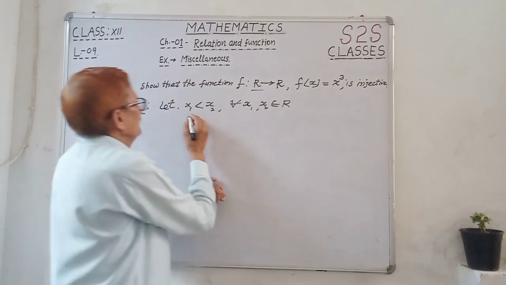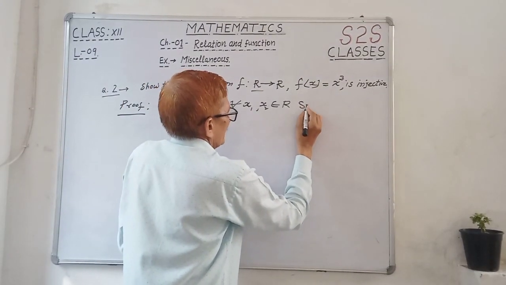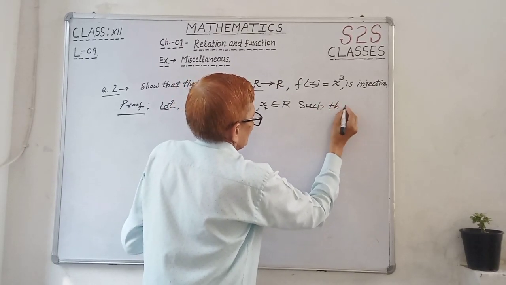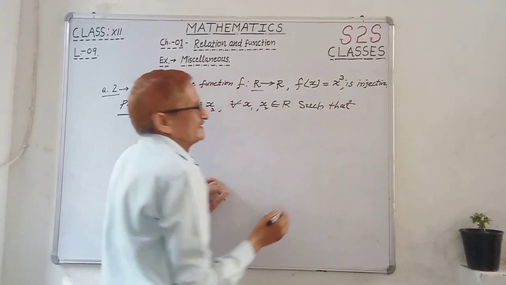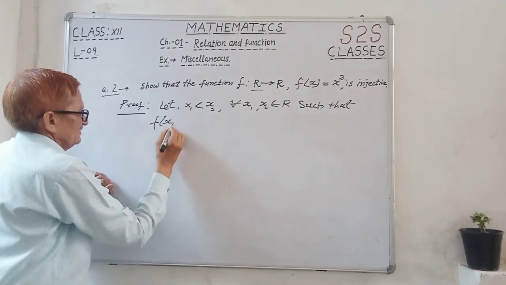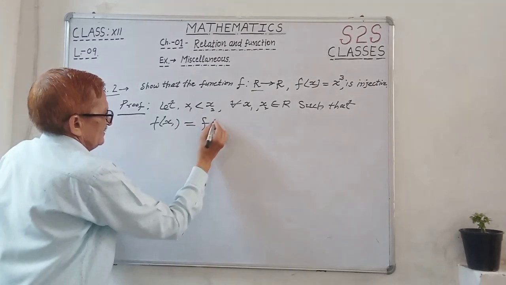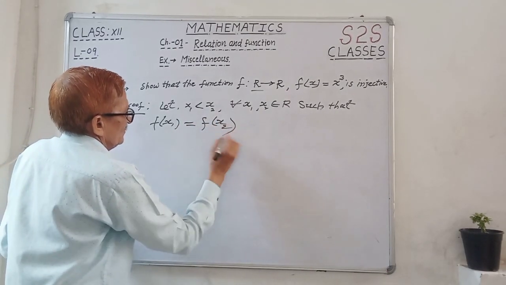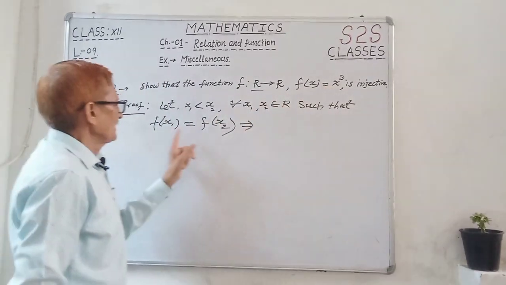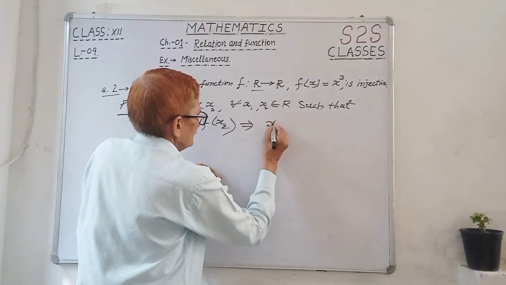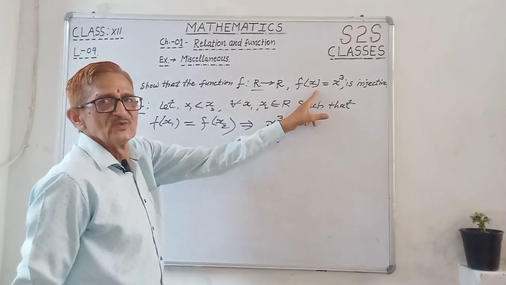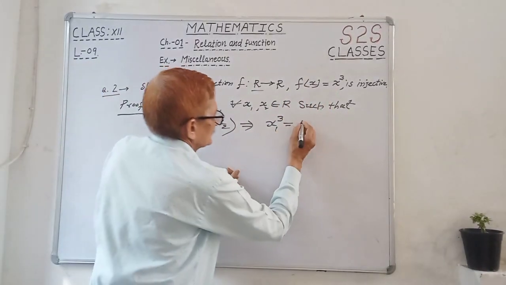So these are real numbers, two different inputs taken, such that the images are equal, meaning f of x1 is equal to f of x2. Then this implies, putting in the function f(x) = x cube, f(x1) is equal to x1 cube, is equal to f(x2); putting the value x2, it will be x2 cube.